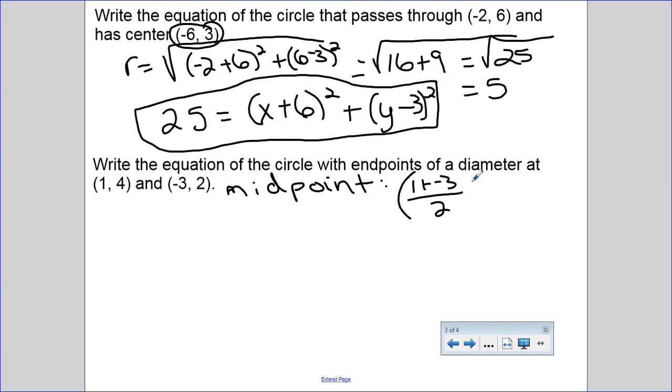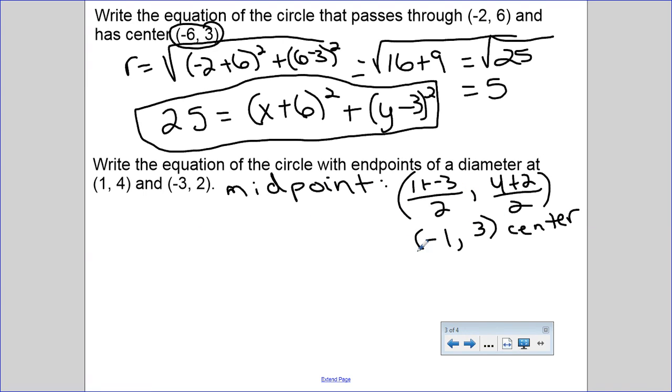So 1 plus -3 divided by 2, 4 plus 2 divided by 2. When you simplify that, you should get (-1, 3). Okay, so here is the center, because that's halfway through my diameter.